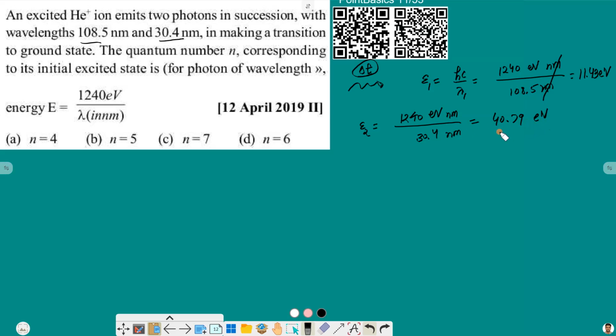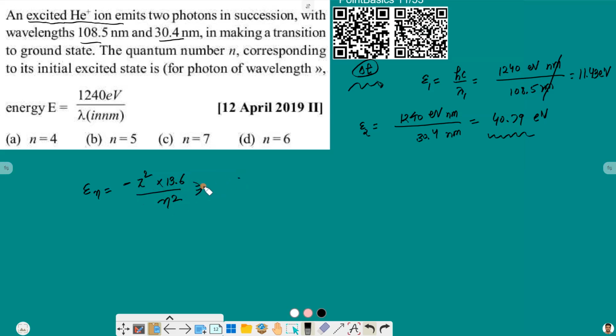Now as we can see that here the energy difference is such a large value, that is 40.79, basically this is not a hydrogen atom, and it is already mentioned that it is an excited helium positive ion. So for helium positive ion, we will have the energy formula that will be minus z square into 13.6 by n square, and z is 2 here.